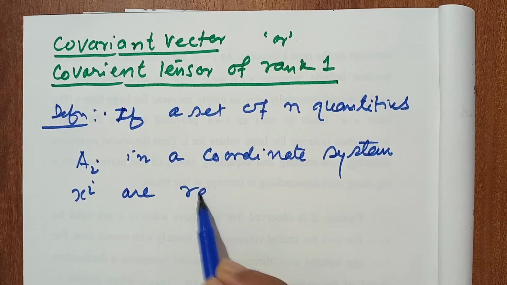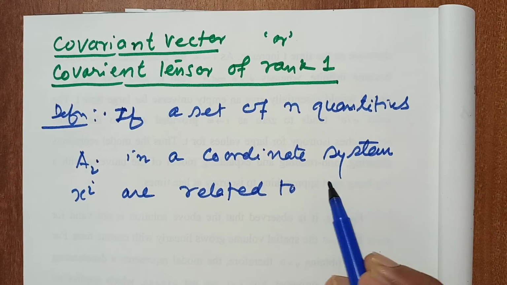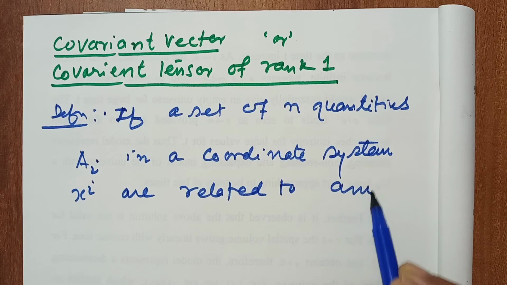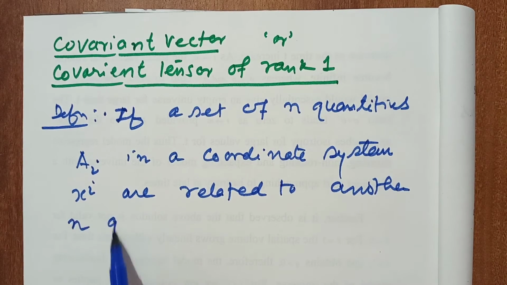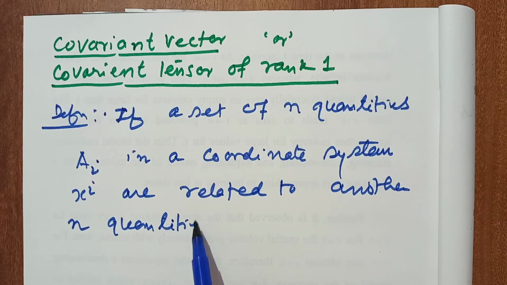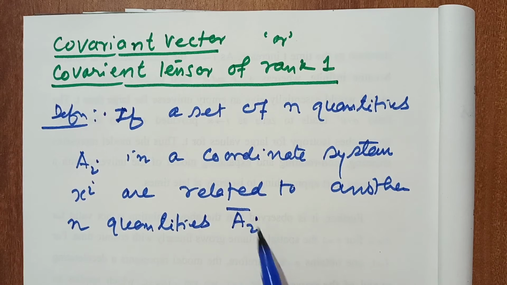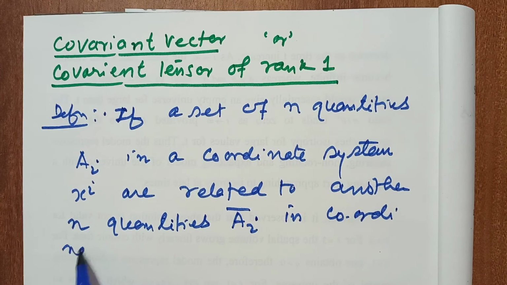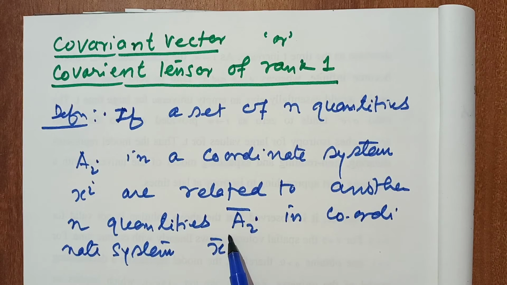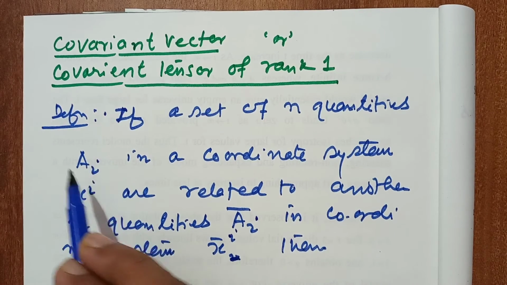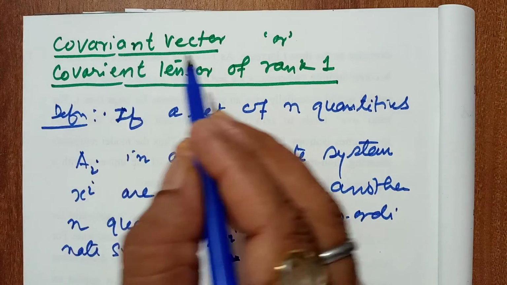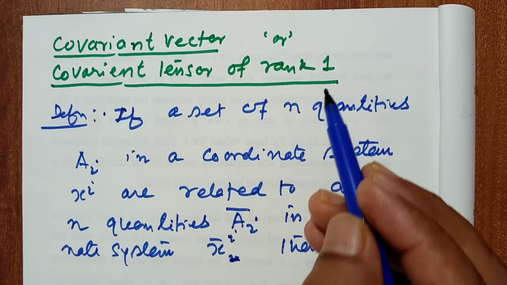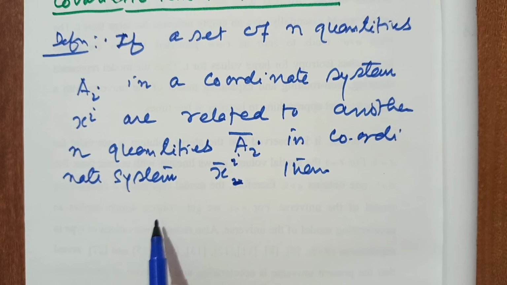are related to another n quantities a bar i in coordinate system x bar i, okay, then this a_i is called components of covariant vector or covariant tensor of rank 1 if it satisfies the following transformation law.